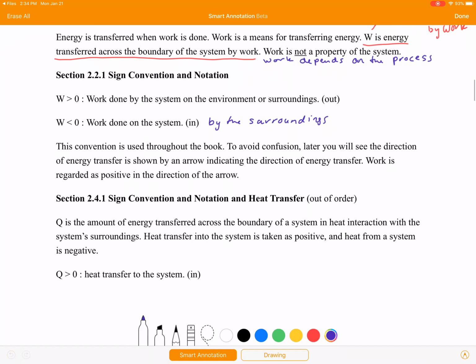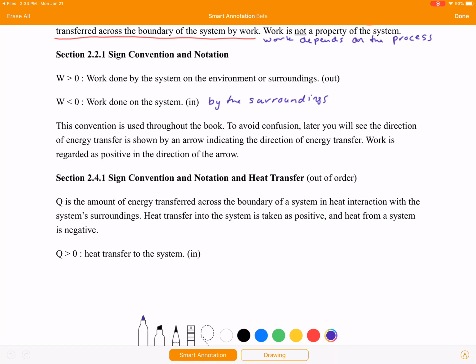This is out of order, but I put it here for contrast because they're so important and they sort of go together. But the sign convention for notation for heat transfer. So Q is the amount of energy transferred across the boundary of the system in heat interaction with the system's surroundings.